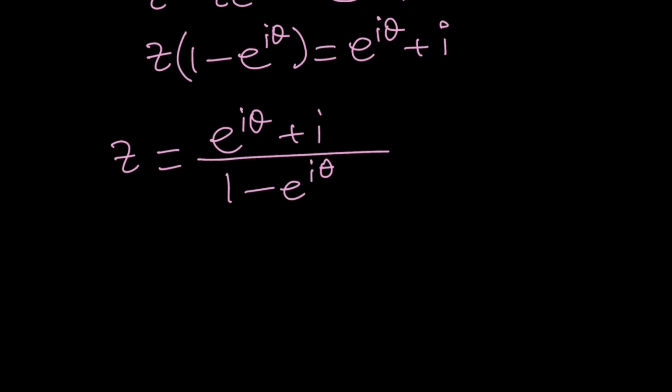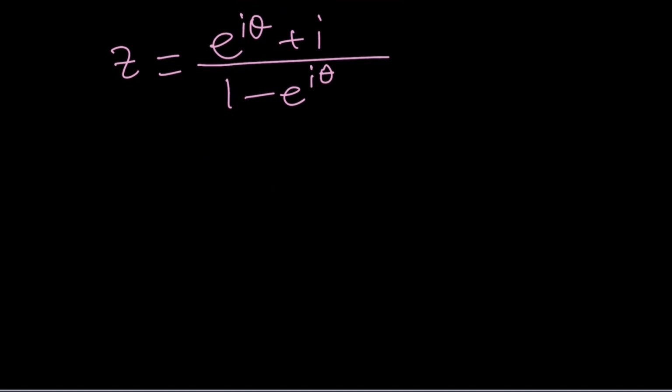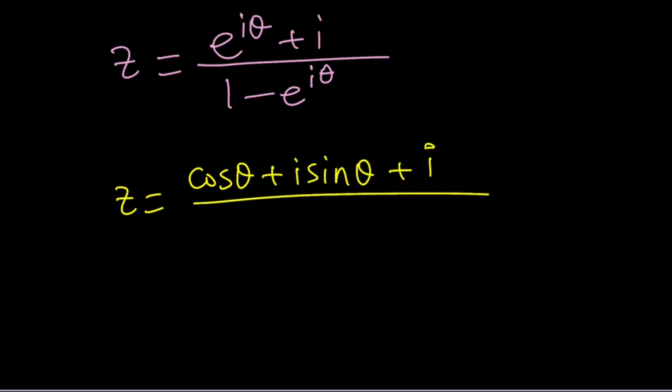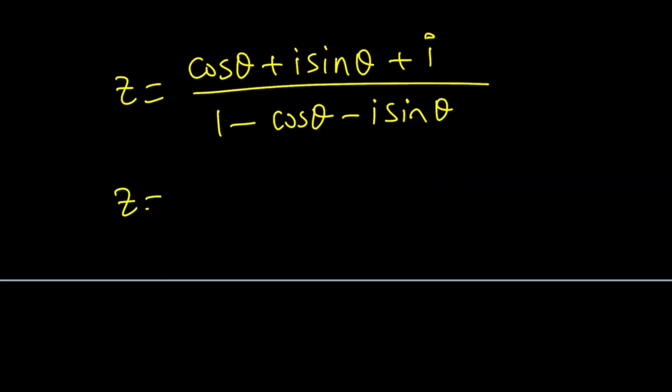Now, again, write what e^(iθ) means. So e^(iθ) is going to give us, and you could do this in the numerator and the denominator, cos θ + i sin θ + i, divided by 1 - cos θ - i sin θ. And of course, this can be simplified a little bit, right?